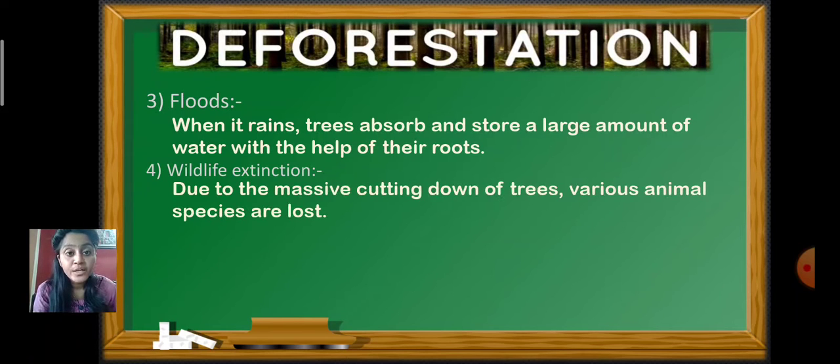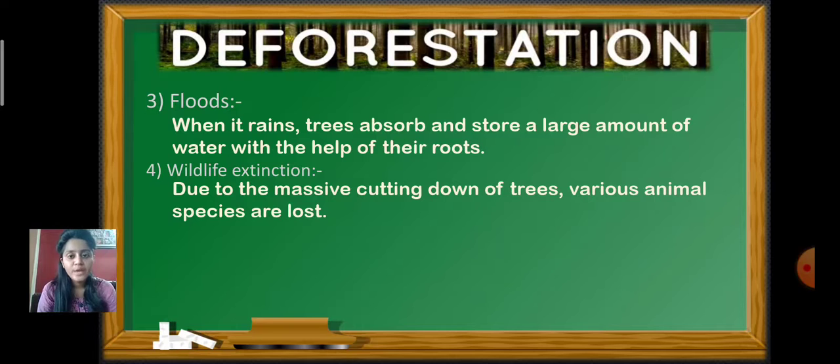Now let's see the fourth effect, wildlife extinction. Due to the massive, meaning large, cutting down of trees, various animal species are lost. How are they lost? Suppose a species of bird is living on a tree, and the tree has been cut down.